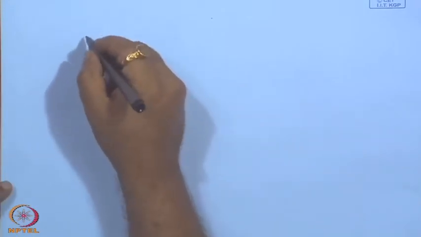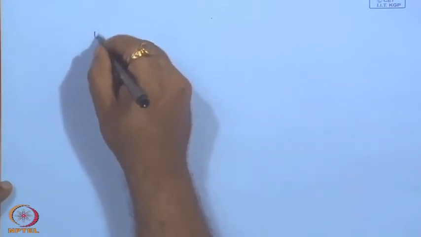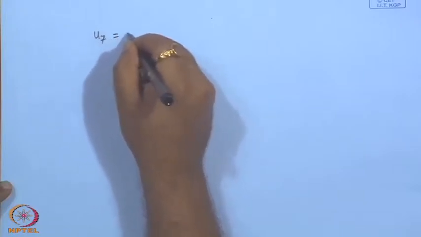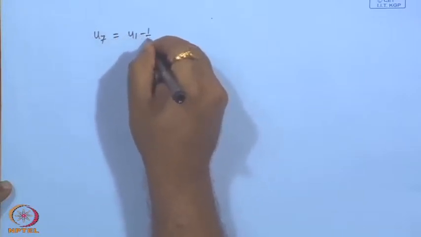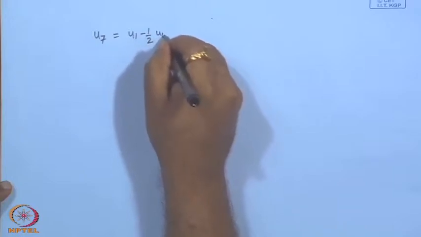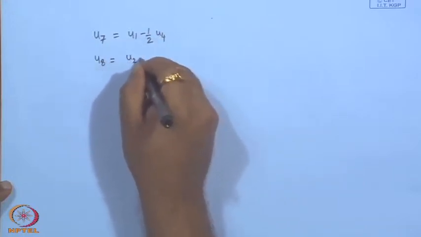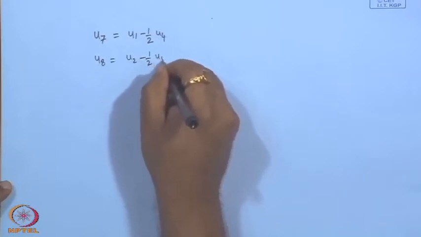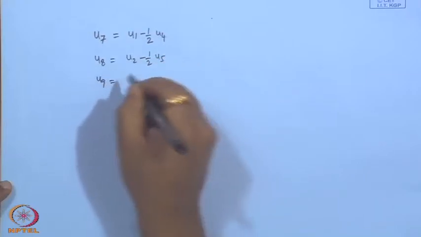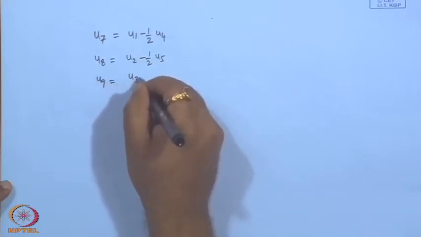So, if we do that, we have u 7 equals to u 1 minus half u 4, u 8 is u 2 minus half u 5, u 9 is.